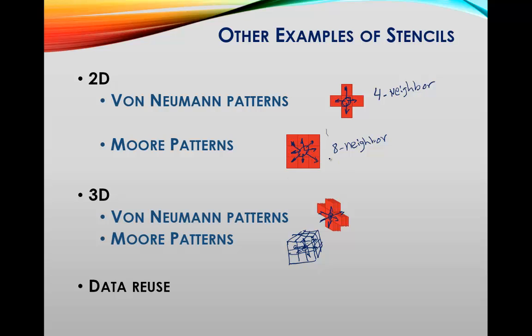Let's take a look at, for example, this 2D von Neumann pattern. When we are actually accessing the central unit here, the center element, as a part of our process, we need to have access to these 4 neighboring elements, right? Now, what if our next thread over is going to process this guy?